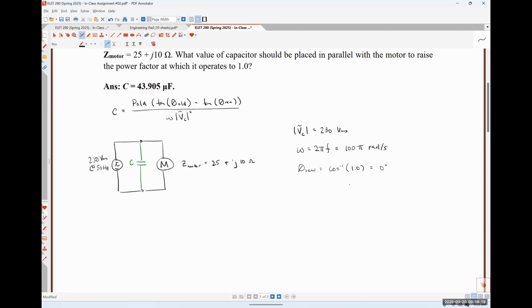We could get both of those if we were able to determine the complex power absorbed by our motor prior to power factor correction. So what do we know? We know the magnitude of the voltage drop across our motor, and we know the impedance of our motor. Do we have a relationship for calculating complex power if we only know the magnitude of the voltage and the impedance?